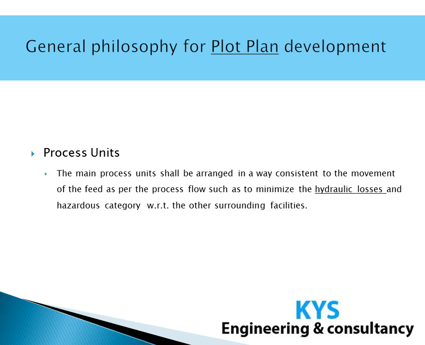So the main idea to locate the process unit is that it should be as per the process flow diagram. When we see the process flow diagram of any process unit, we will have feed coming from one side, then it is processed in different units, and then the final product will come out. So we have to locate the different process units as per the process flow sequence, and if we follow that, then we will be using less material, we will have less hydraulic losses and we will be minimizing the hazardous category of the units.